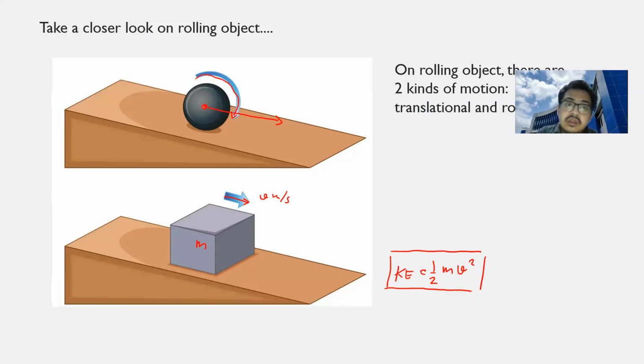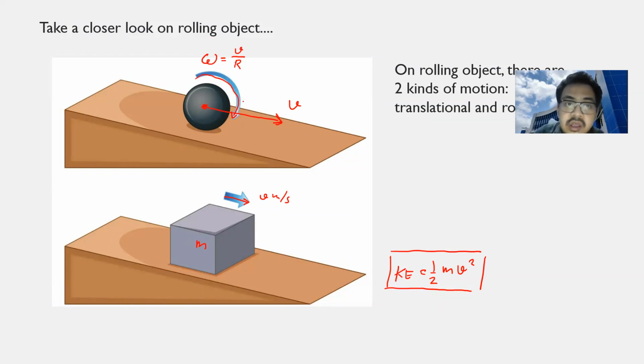So beside the linear motion with the velocity of v, it will also roll, doing rotational motion in this direction. The angular velocity is omega, which is equal to v divided by r.